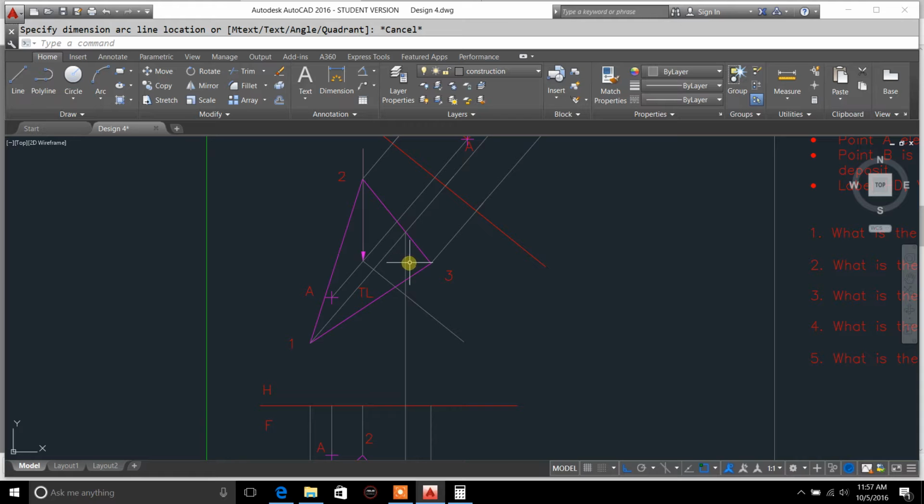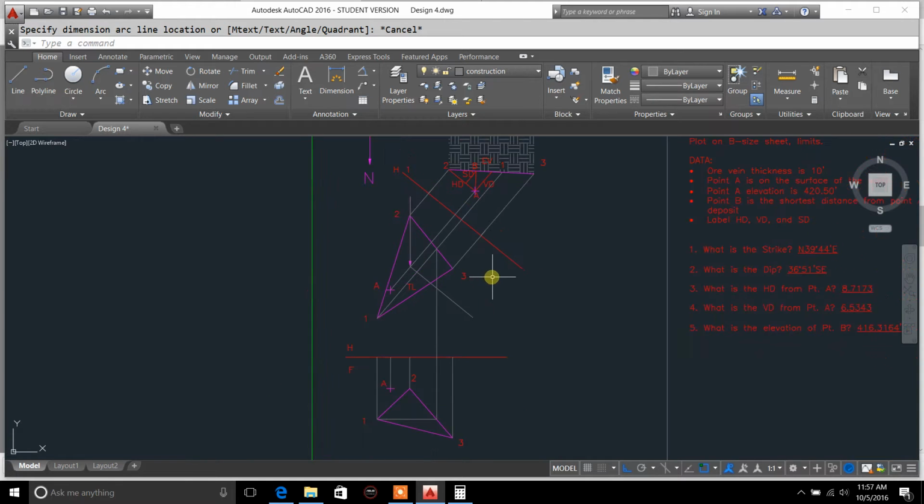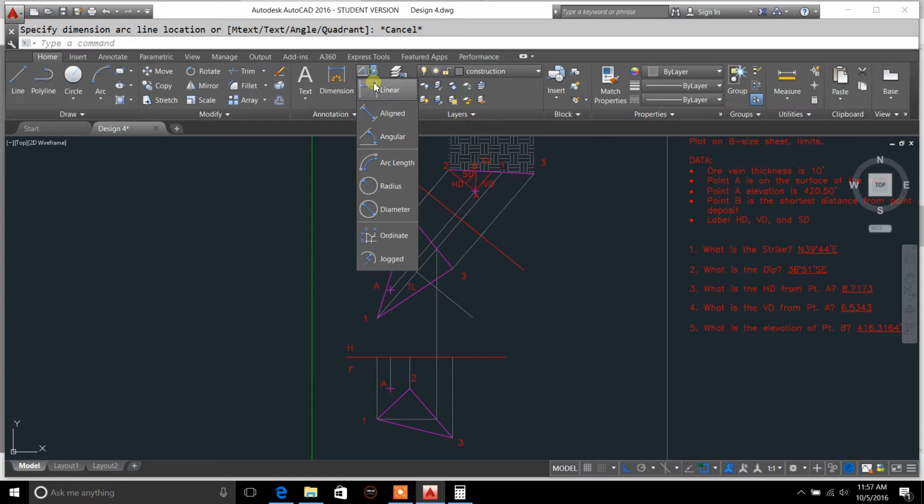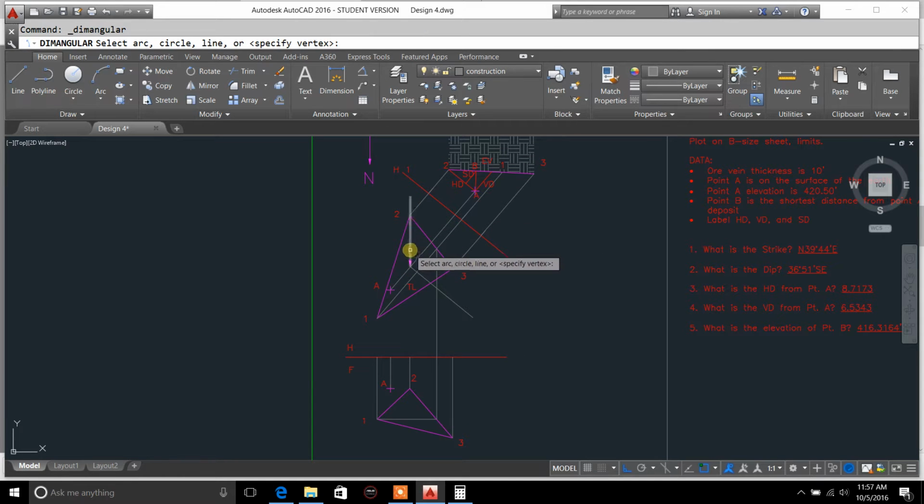Dip, on the other hand, is just the angle. So let's see here. I'm trying to remember how we got that. No, it wasn't there.